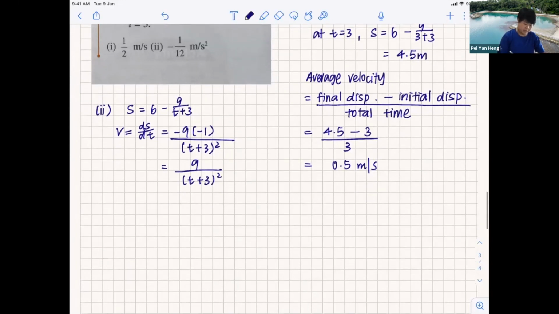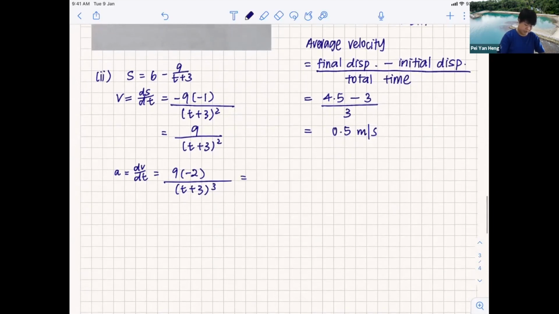And then from velocity to acceleration, you need to find dv/dt. So there will be 9 times minus 2 over t plus 3 whole thing cubed. And you simplify this to be minus 18 over t plus 3 whole thing cubed.